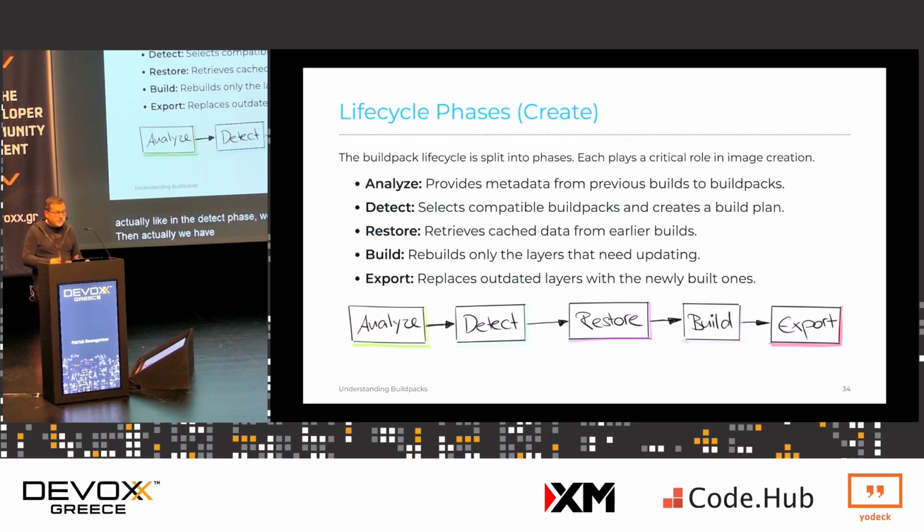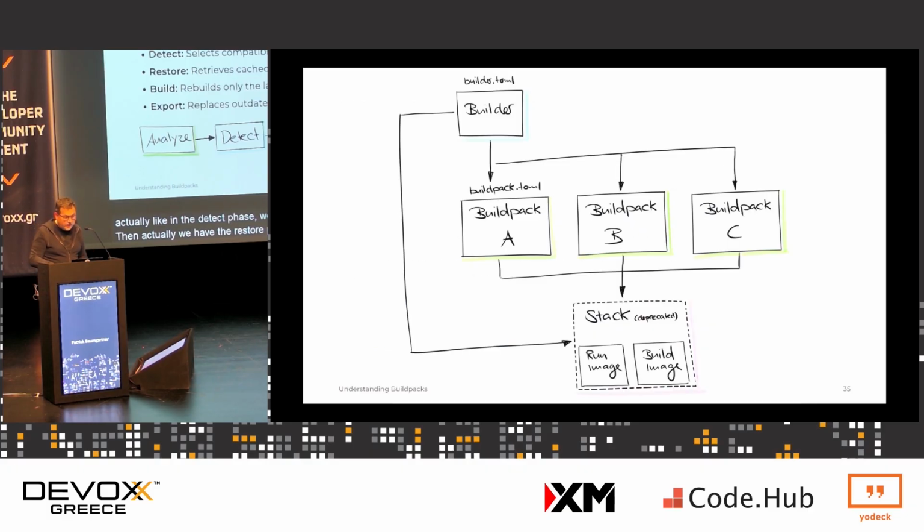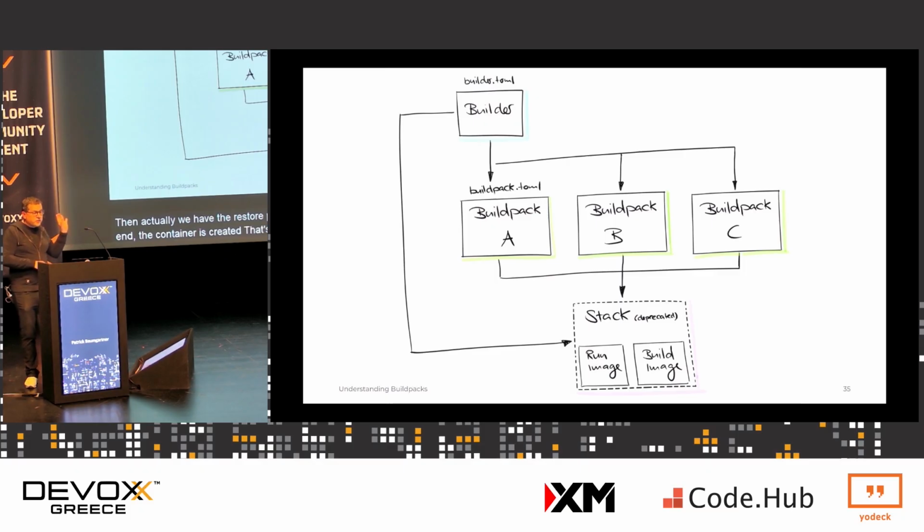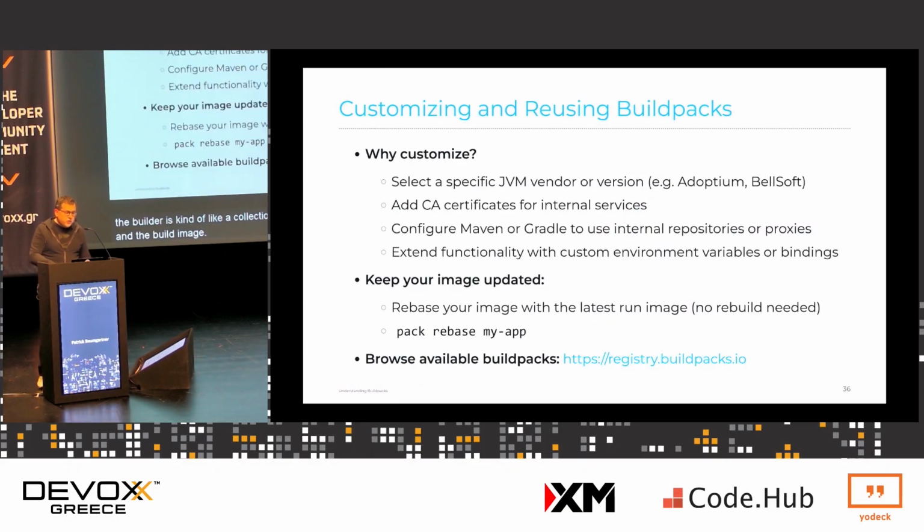We have the build phase, and then in the end, the container is created. That's basically the overall picture of how it looks. So the builder is a collection of buildpacks, right? And it also contains the run and the build image. So you can customize quite a lot of things with buildpacks for your applications.